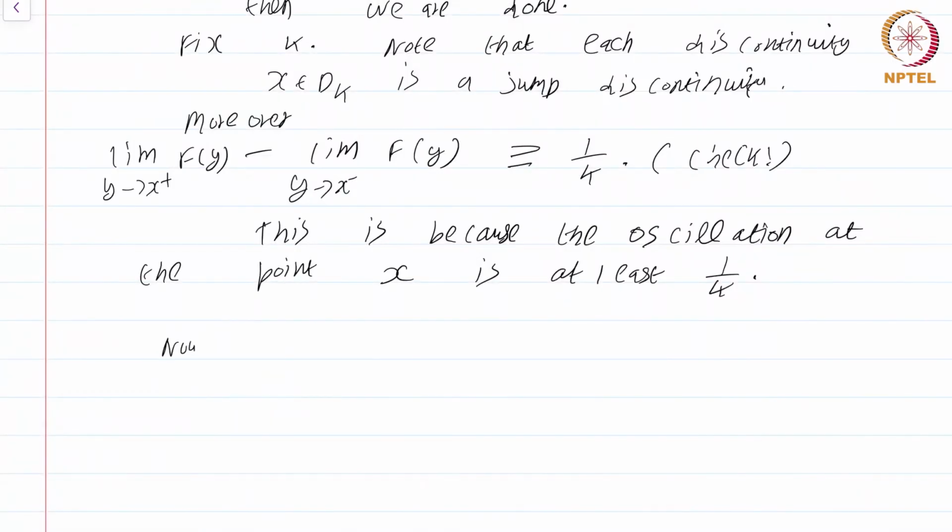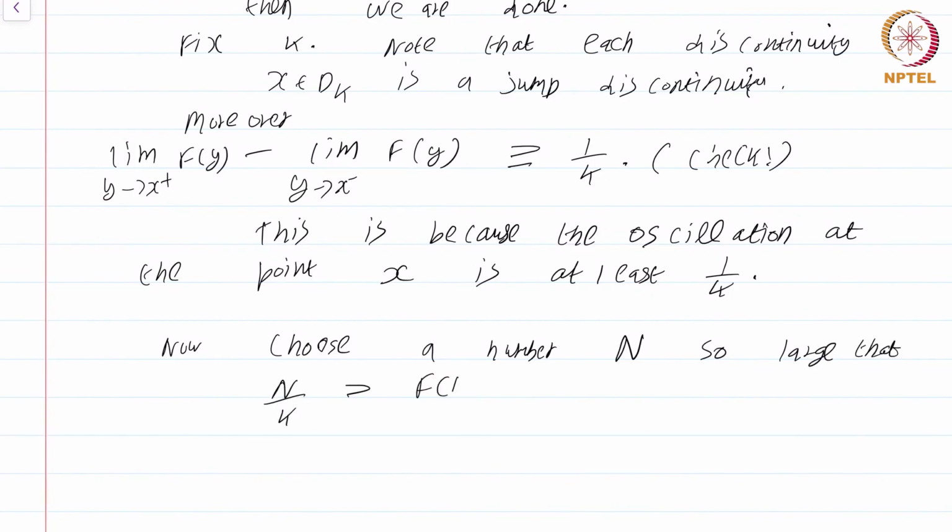Now choose a number, let's say capital N, so large that capital N by k is strictly greater than f of b minus f of a. This is always possible because f of b minus f of a is going to be a finite quantity.